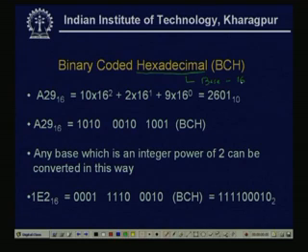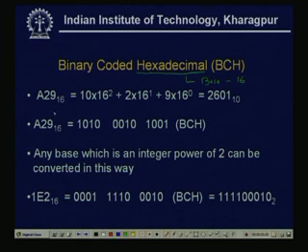Now, we see how hexadecimal numbers are converted into binary coded numbers. This is very similar to our BCO, the binary coded octal. Again we take one example.